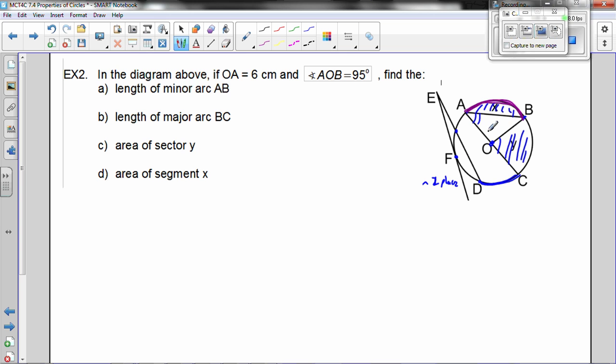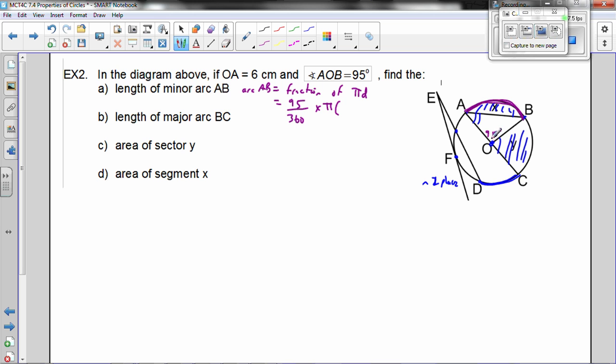AOB is 95, so the length of that arc is just a fraction of the circumference. Circumference is pi d. Now, what fraction is it? Well, it's 95 degrees over all the way around, which is 360. So this is 95 over 360 of pi times the diameter.